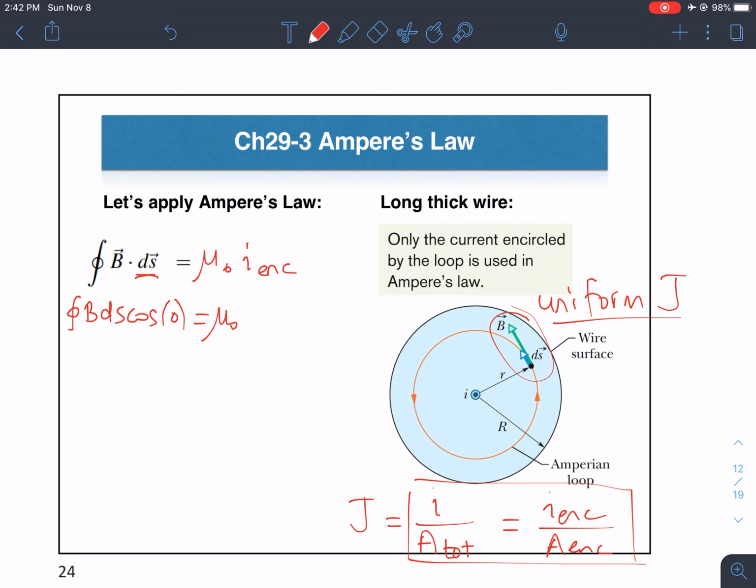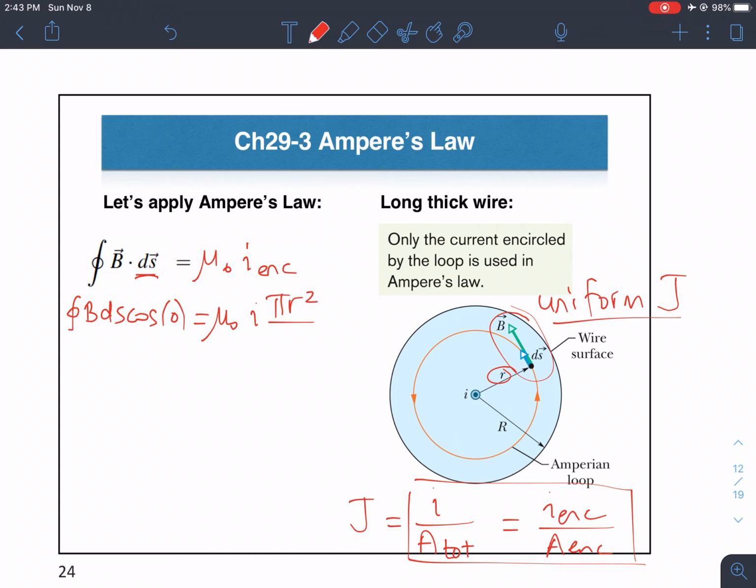I enclosed would be the current I times the area enclosed over the total area. The area enclosed is the area using that little r, so it's going to be pi r squared. That is the area enclosed by that Amperian loop, the cross-sectional area.